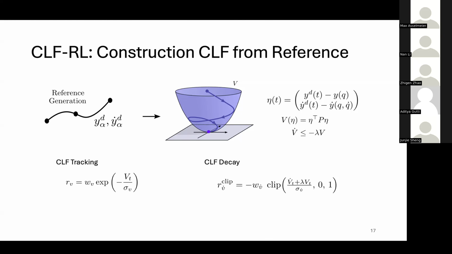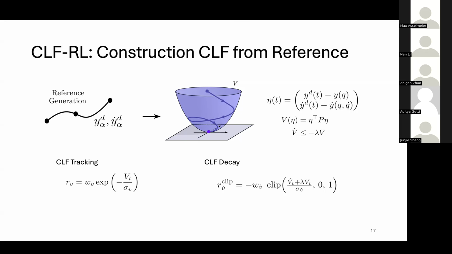So we put these into the rewards, and I'd say it's a pretty standard RL formulation. On the left here, this is just our minimizing the V reward, right? We just put V in this exp and we can regularize it by some sigma. And then on the right, what we end up using is this clipped reward. And this is actually just a penalty. One of the cool things about the CLF is that it doesn't specify a singular action to take.